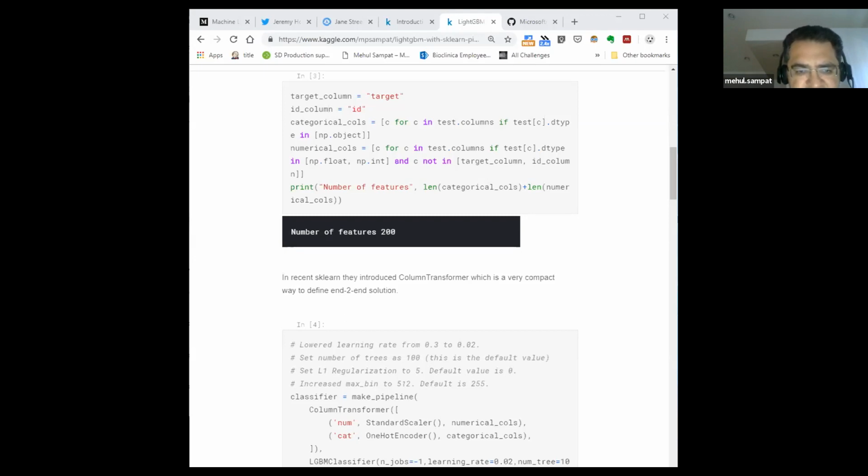The default is 0, no regularization. So one of the things we decided to play with is this regularization factor, and we were trying different values for it. Let me go back to the kernel.